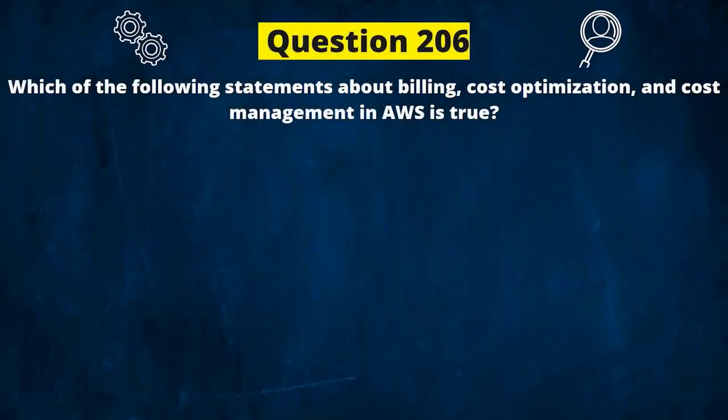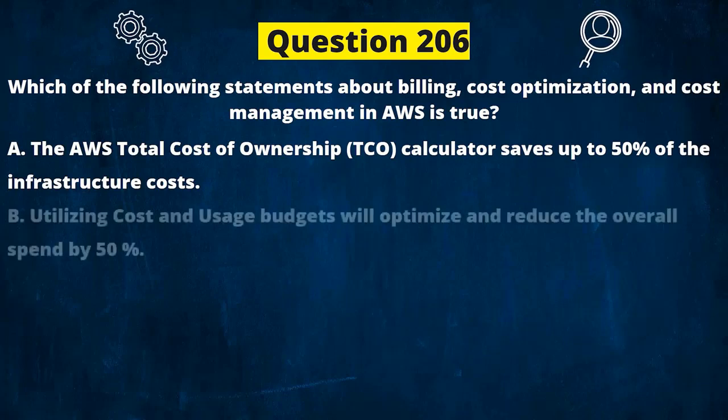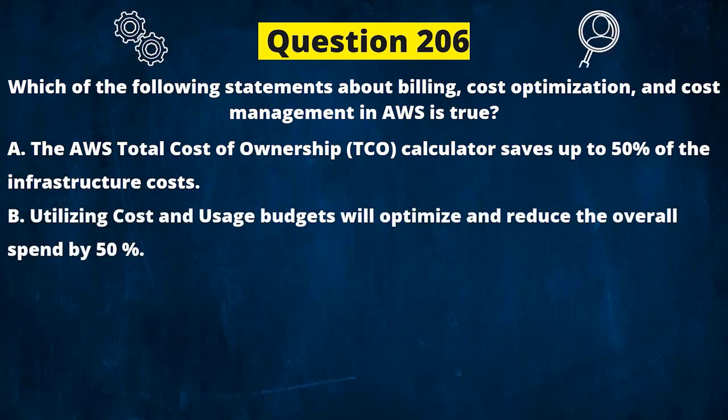Next question. Which of the following statements about billing, cost optimization, and cost management in AWS is true? And the options are A. The AWS Total Cost of Ownership (TCO) calculator saves up to 50% of the infrastructure cost. B. Utilizing cost and usage budgets will optimize and reduce the overall spend by 50%.